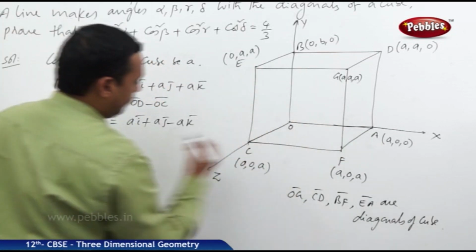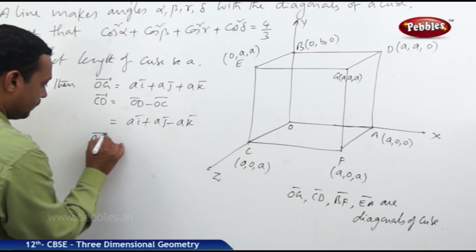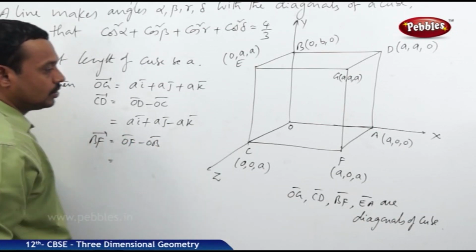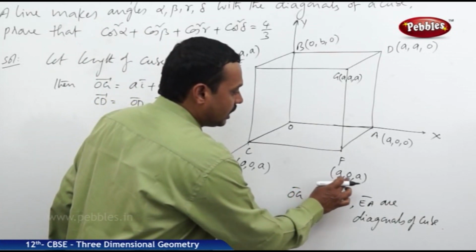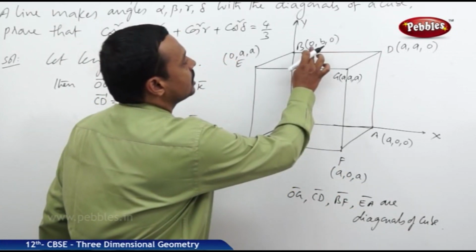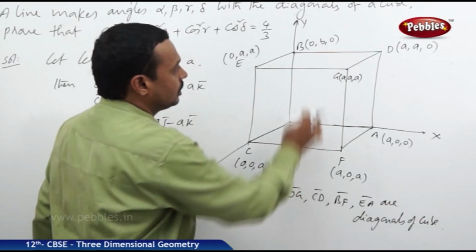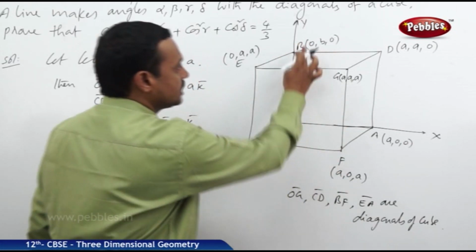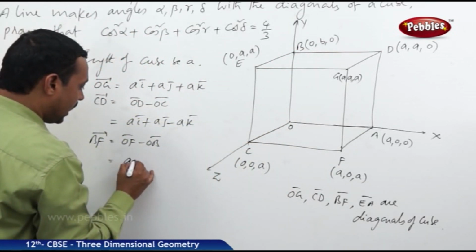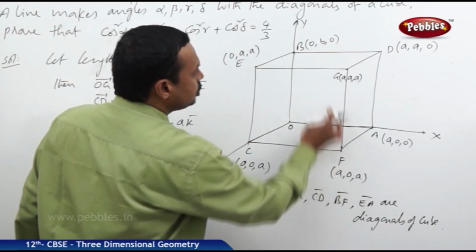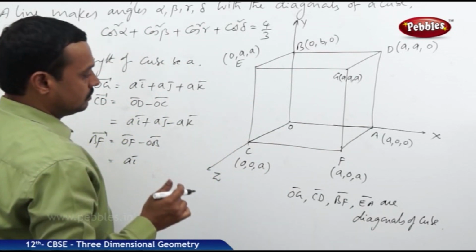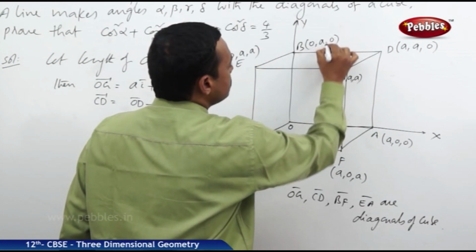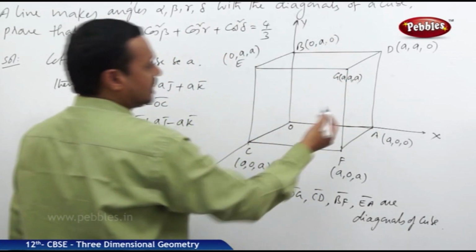Next, BF, that is OF minus OB. The F coordinates are A, 0, A, and the B coordinates are 0, B, 0. Then BF vector is equal to OF minus OB, that is A minus 0, AI, 0 minus B. Sorry, it's not B, it is A, because all the lengths are the same.